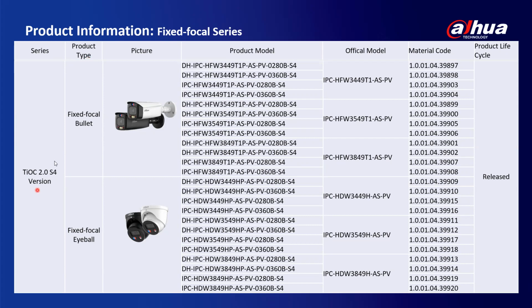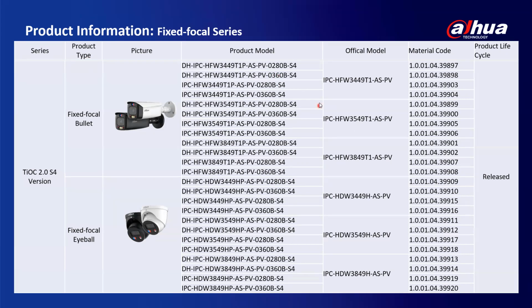We have fixed focal bullets, and we have fixed focal eyeballs. These lenses cannot be altered at any given time. These are the product models. This shows that this is 2.8 millimeters. These are 3.6 millimeters.